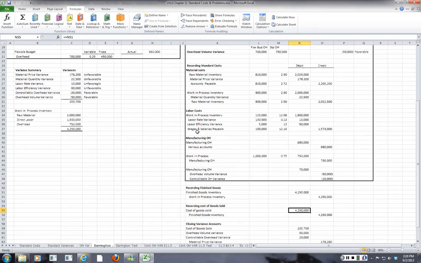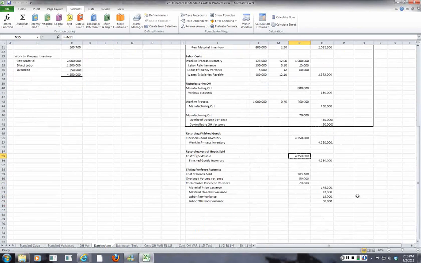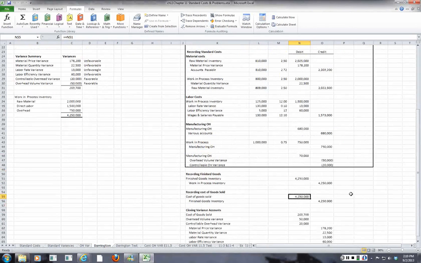Now we've got these variances here, and we have to write them off into operations. So we're going to take them and book them into cost of goods sold. We're going to debit cost of goods sold for $203,700.